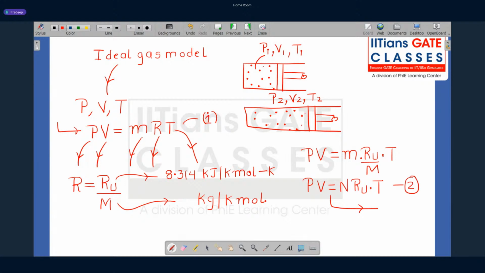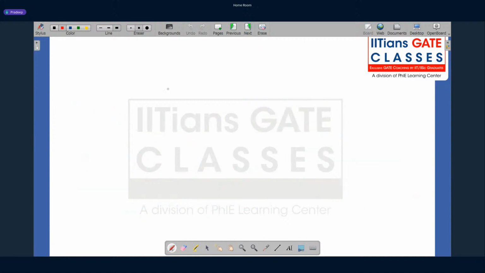Now let us try to understand, from the ideal gas relation, the different processes that I talked about. Let us write the ideal gas equation of state, PV equal to mRT. So for an ideal gas, when your temperature is constant, what do you get?